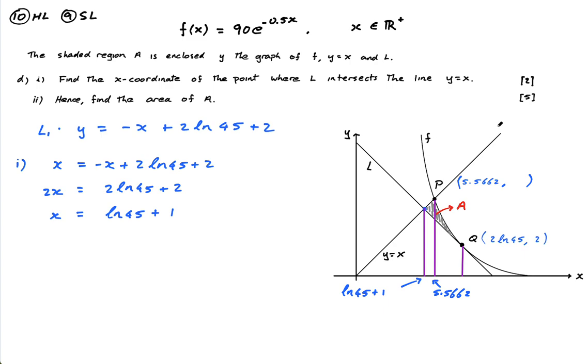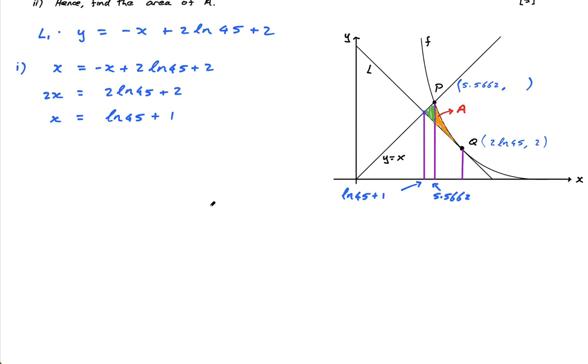Okay, so what we're going to do is split it up into this area here, and then this area here. So two areas that I'm going to find. To find the green area is going to be the integral.